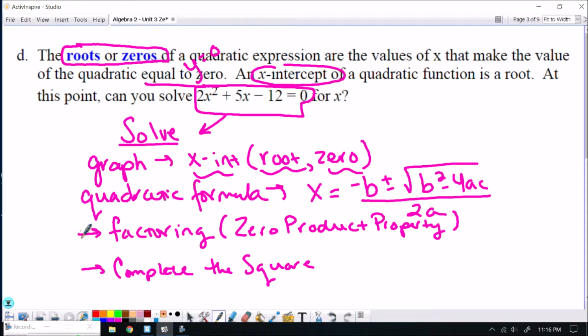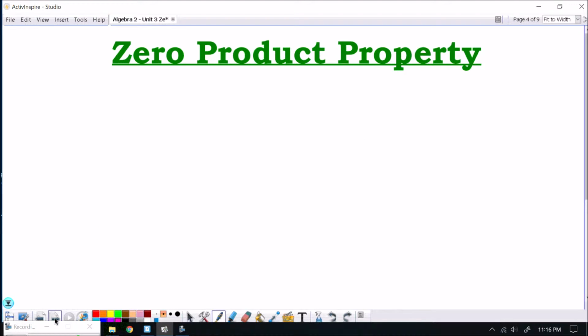So let's start with our new concept of the zero product property, which you may have seen before. The zero product property goes like this. It says that if you have things being multiplied, so let's say I have a times b, and that's equal to 0, then one of these two numbers, a or b, has to be 0.